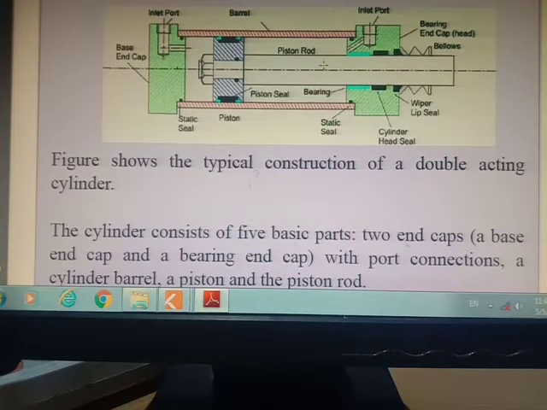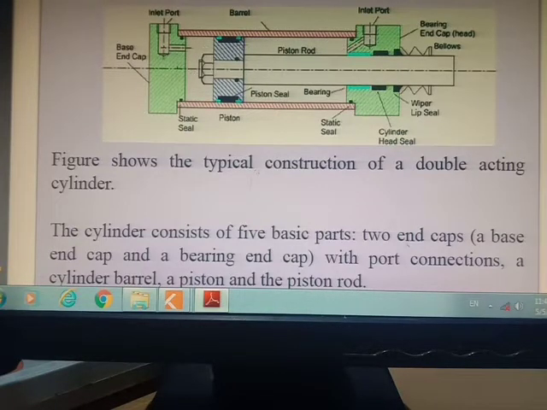Now what happens when we use this double acting hydraulic cylinder? There is one problem: when the oil comes from this inlet port and goes here, the piston starts moving in the forward direction, and as the pump is continuously running and delivering high pressure hydraulic oil with a designated flow, the speed of the piston will be constant throughout its stroke length.